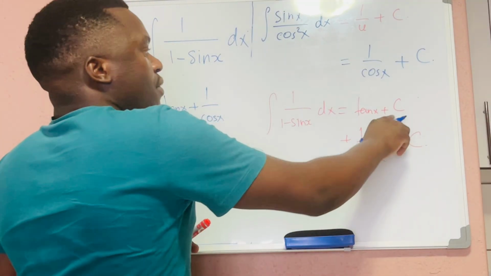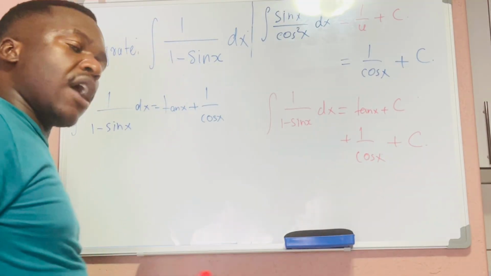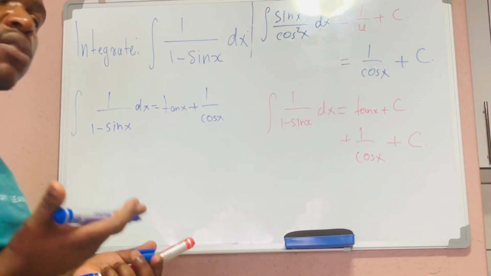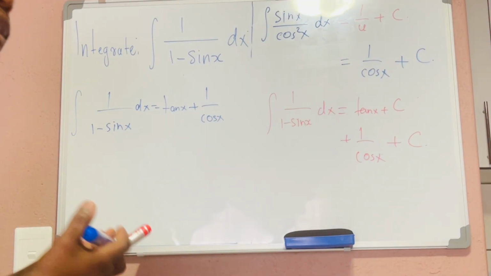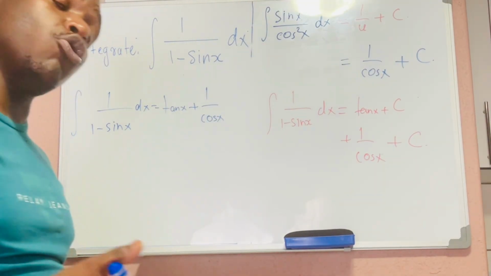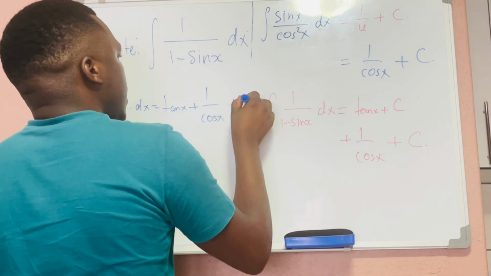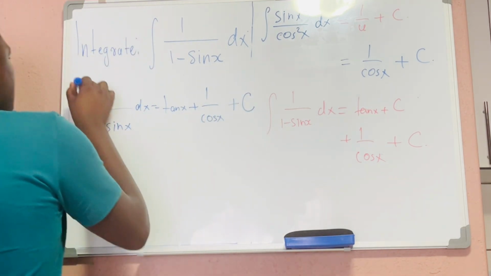Then I have a constant plus a constant. If I add a constant to a constant, the answer is a constant. If I have 1 plus 3, the answer is 4, and 4 is a constant. So the answer here will just be a constant.